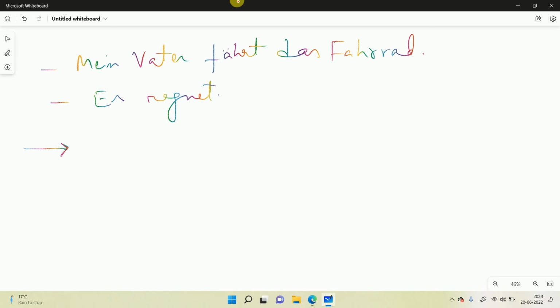So Mein Vater fährt das Fahrrad. First of all, it will be fährt. Okay. Regnet means tired? No, sorry. What does regnet mean? I think raining. It is raining, we say, no? Okay. It is raining is es regnet.